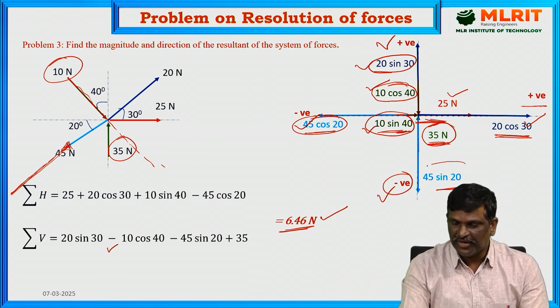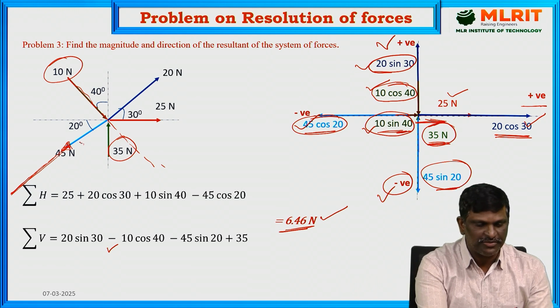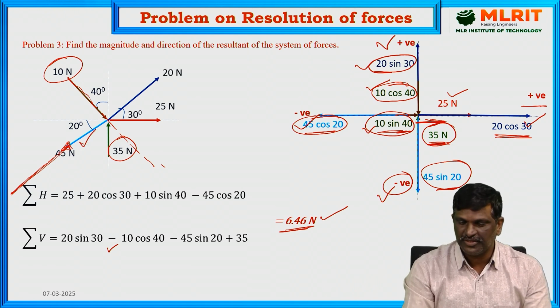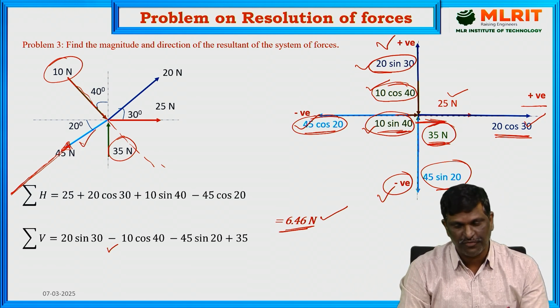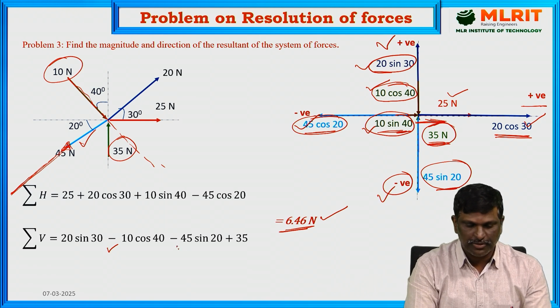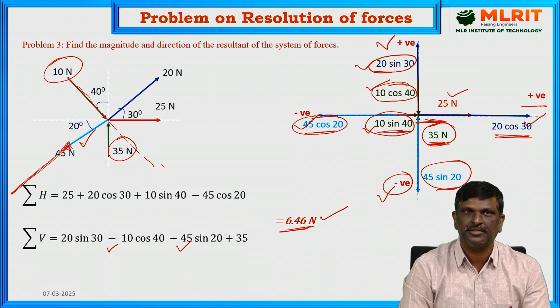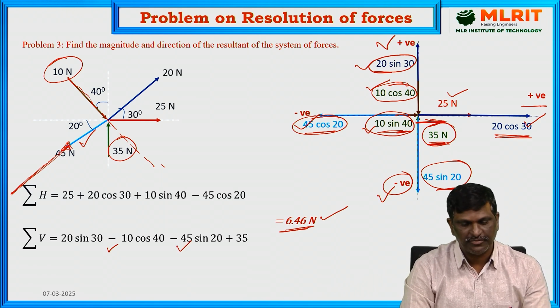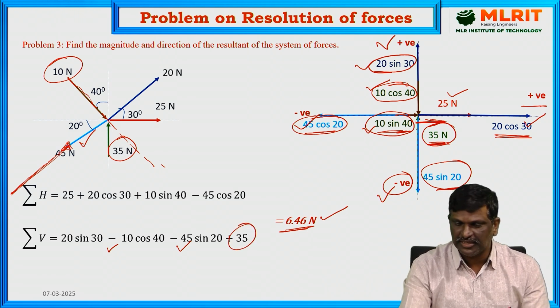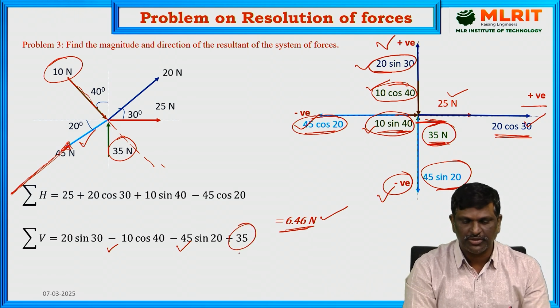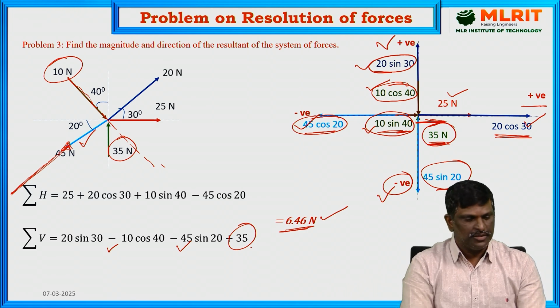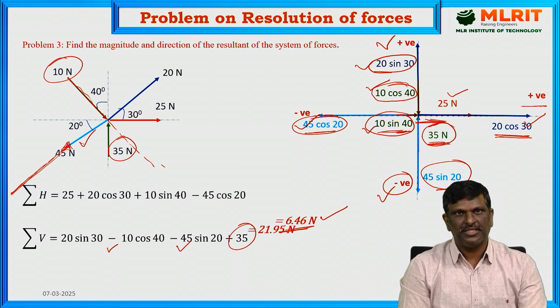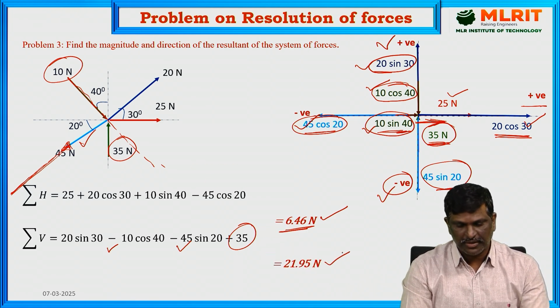Similarly 45 sin 20 is the vertical component of this 45 newton force which is acting in the downward direction vertically. So its vertical component is also minus 45 sin 20. Now 35 newtons is acting in the upward direction, so it is positive. The sum of all vertical components is given by 21.95.